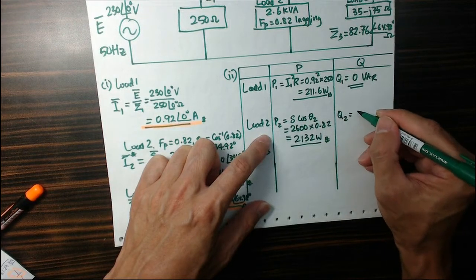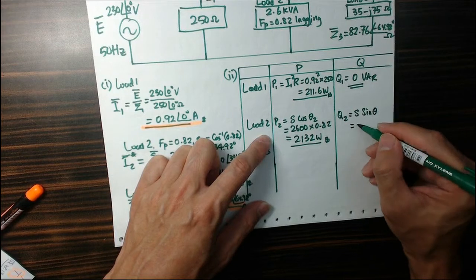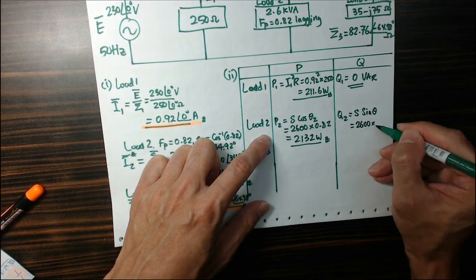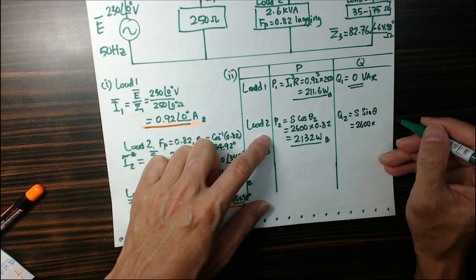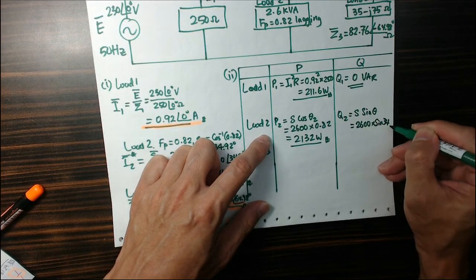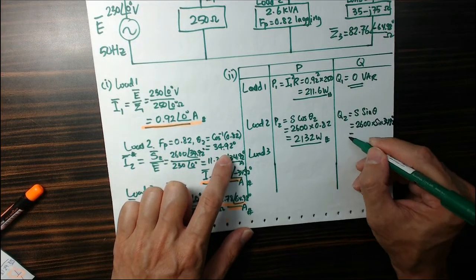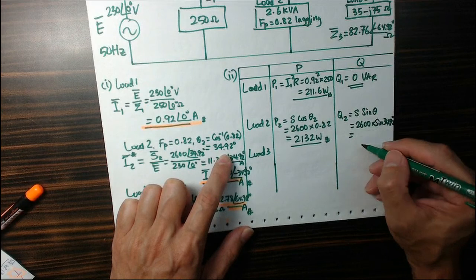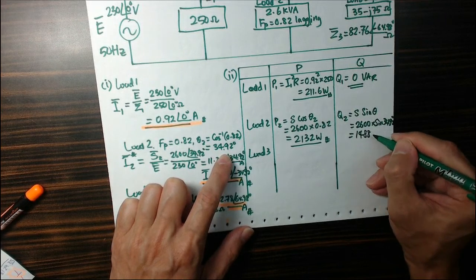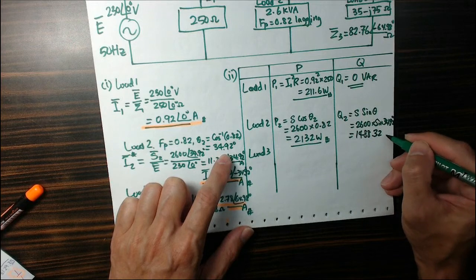Q2 similarly can be calculated from S sine theta, which is 2600 times the sine of 34.92 degrees. That gives me 1488.32 VAR.